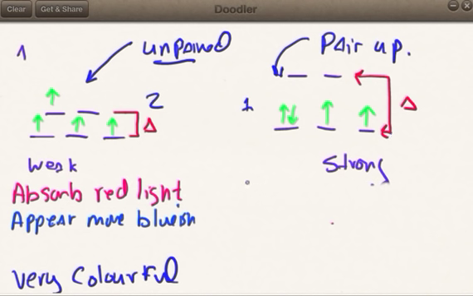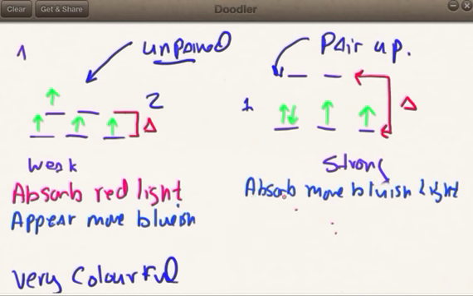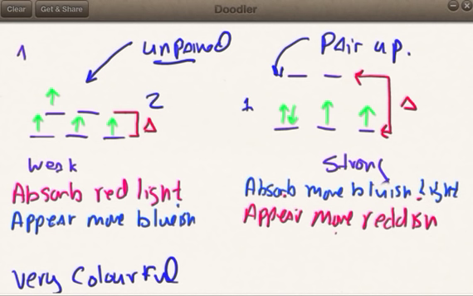So these tend to absorb more bluish light, and so they tend to appear more reddish, because they're absorbing blue light but reflecting the red light, whereas the weak fields are absorbing red light and reflecting more of the blue light.